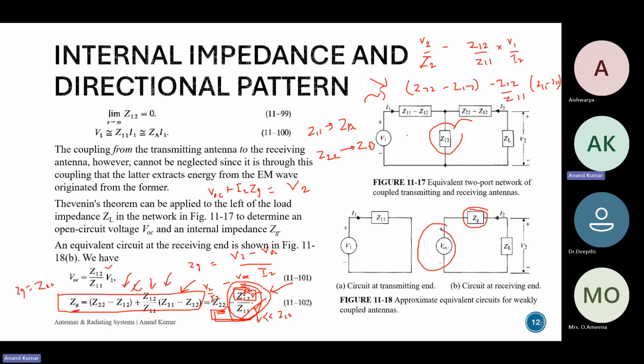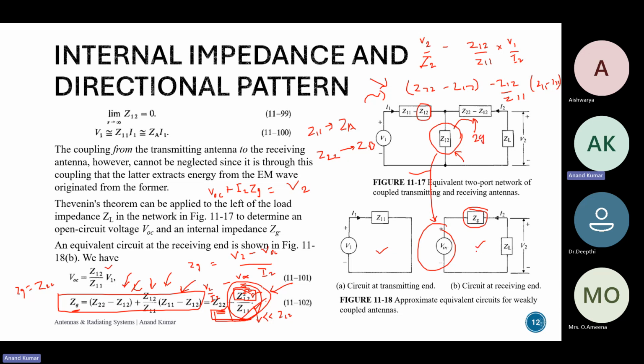We have to remember that we came up with this equivalent circuit, and then we assumed that this is very small for the transmitting case. So the transmitting circuit looks like this, and we neglected this part as well. But in the case of the receiver, we did not neglect it because this is the only source of voltage in our circuit, and we rather replaced it by an open circuit voltage, and then replaced this impedance by ZG, and then we solved it.